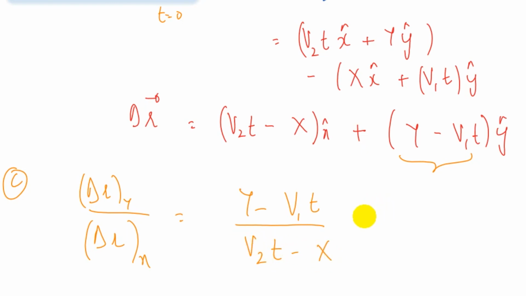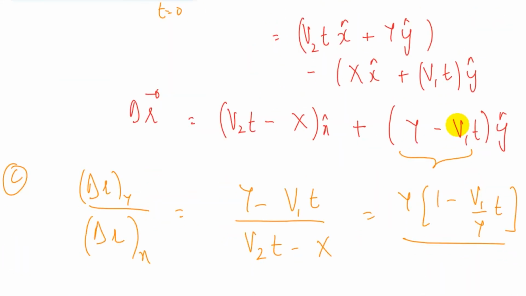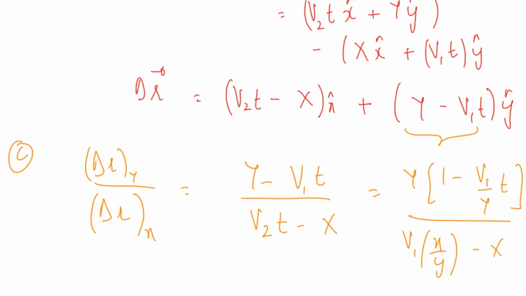Take y common in the numerator, giving 1 minus v1 over y times t, divided by, now v2 we calculated earlier to be v1 x over y, times t, minus x. I missed out t here; this should also be multiplied with t.